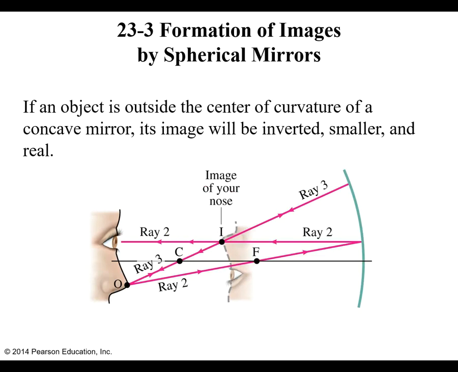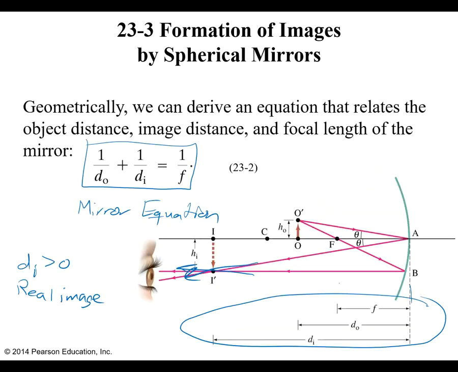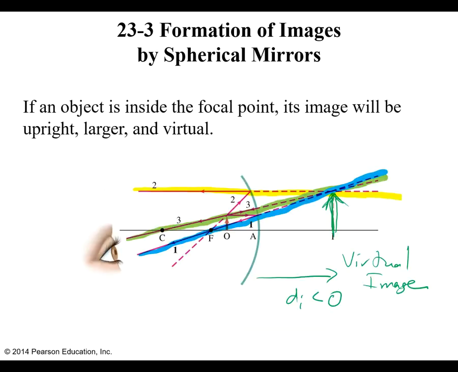If you have an object that's outside of the center of curvature, let me come back here and say, in this case, we had an object between the focal point and the center of curvature, and we ended up with an image further out away from the mirror, inverted, larger, and real. With the object inside of the focal point, we ended up with an image that's upright, larger, and virtual.